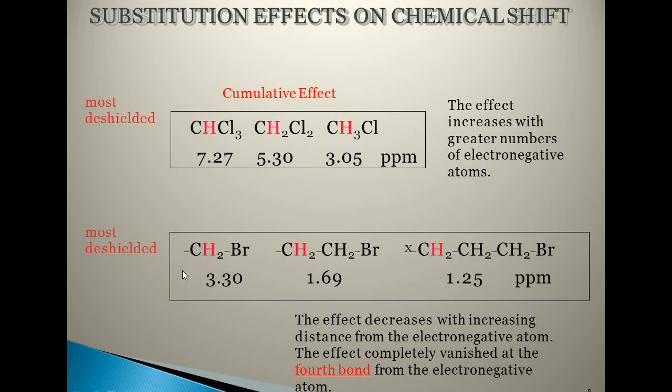Here we consider this proton as CH2. When Br, that is bromine, is directly connected with the CH2, the delta value is 3.30.